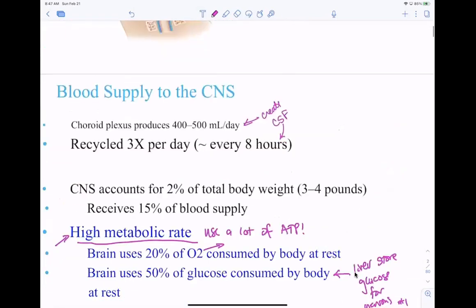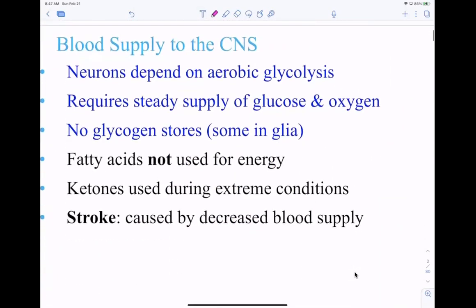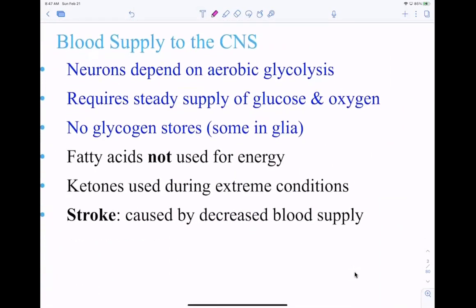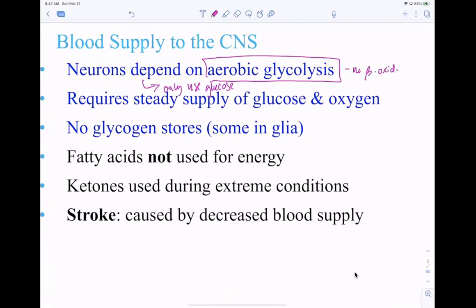So that's blood flow. Like I said, neurons only use glucose. And as it states here, it only does aerobic glycolysis, and that means no beta oxidation to use triglycerides. So it's glucose dependent.